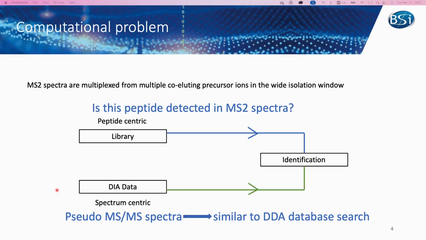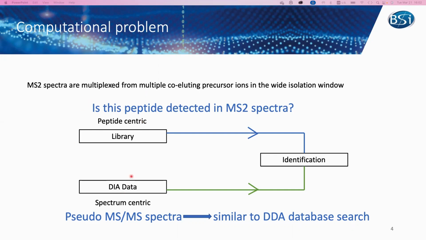Following this process, as we can imagine, MS2 spectra in a DIA dataset are typically complex from the multiple co-eluting precursor ions in the wide isolation window. Unlike DDA, there's no direct relationship between a precursor ion and its fragment ions, since the fragment ions in DIA MS2 spectra come from multiple precursor ions.